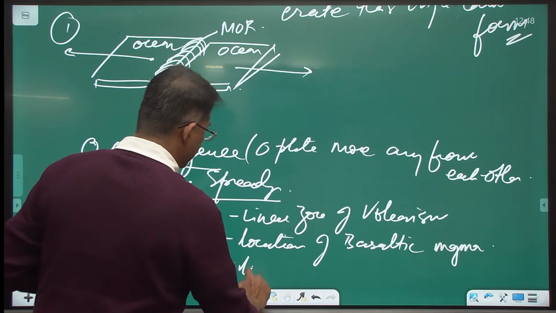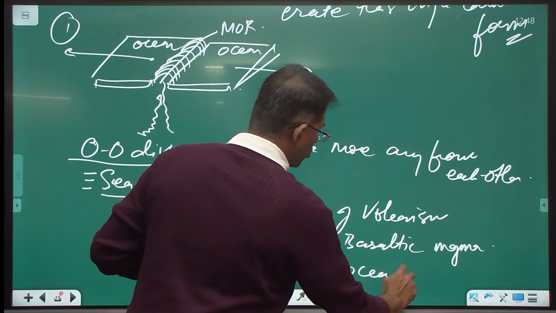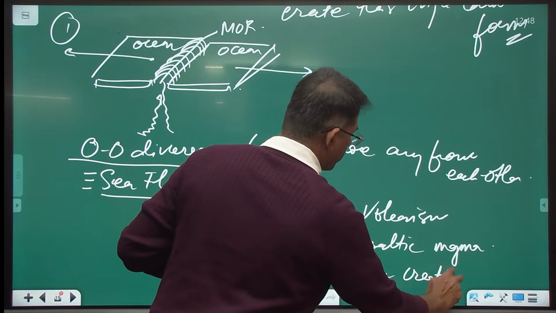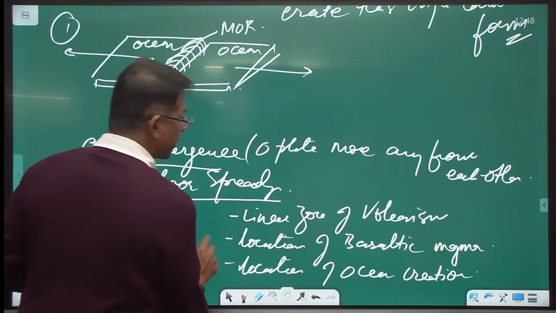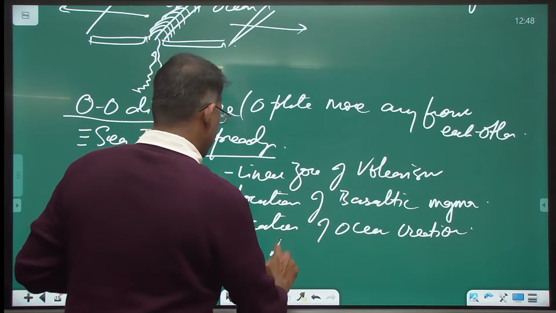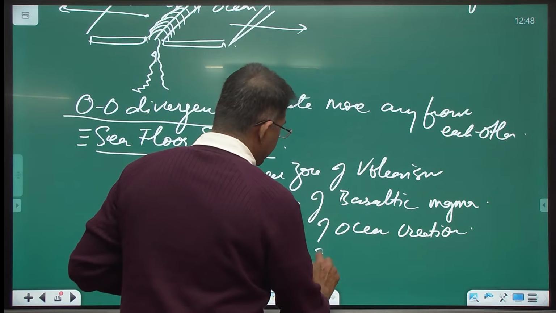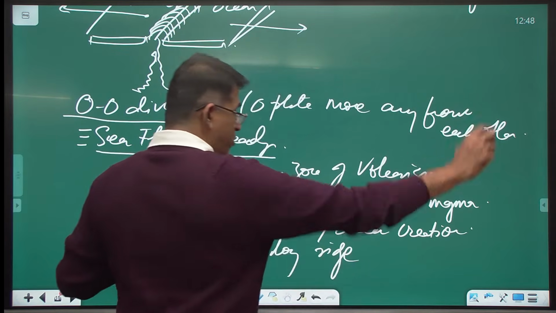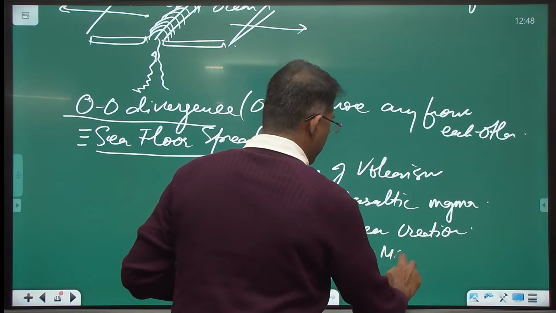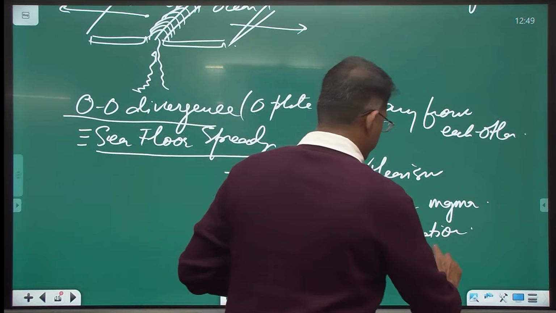This is the location of ocean creation. Okay. It forms a long ridge like a mountain. It's called MOR, M-O-R. MOR is the mid-ocean ridge.